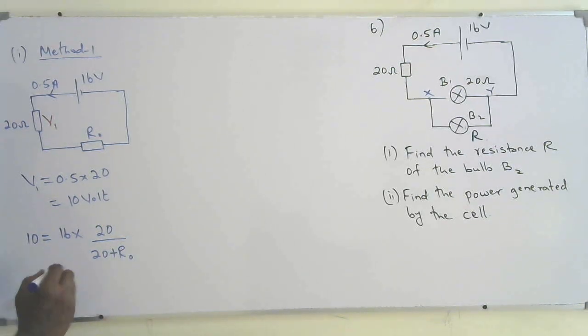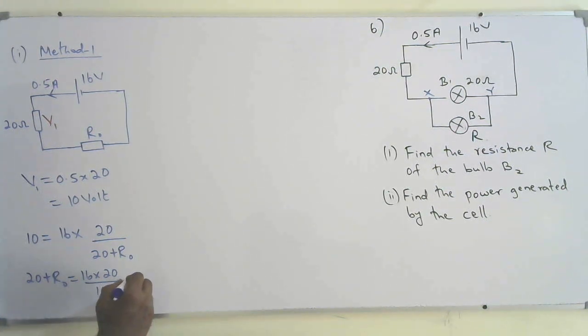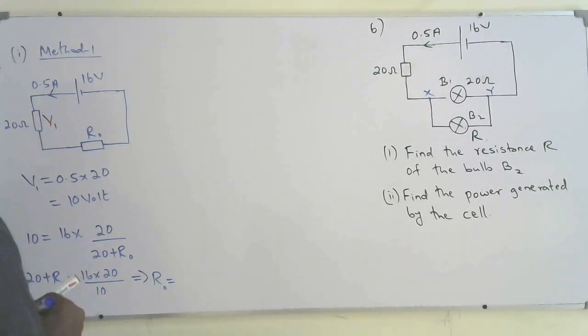Find R naught. Cross multiply: 20 plus R naught equals 16 into 20 over 10. From this, find R naught. So R naught will be 12 ohms.